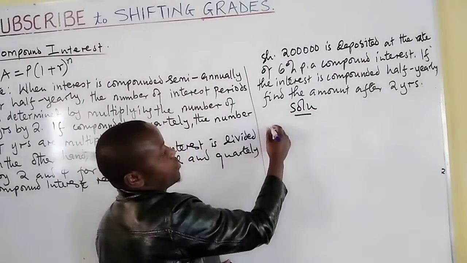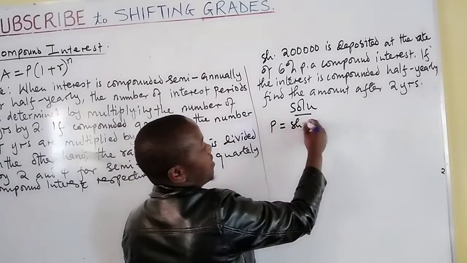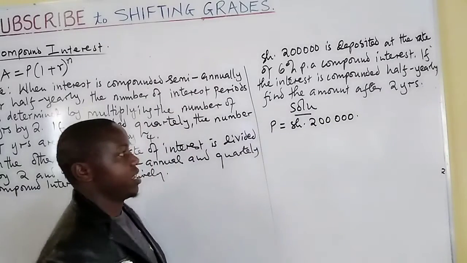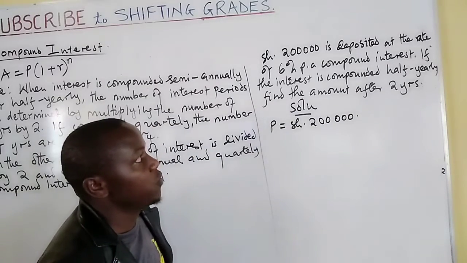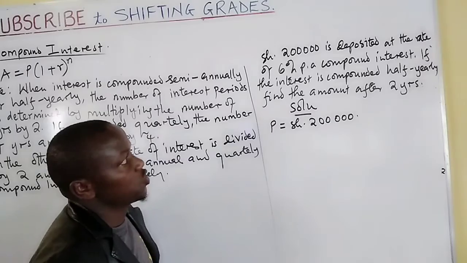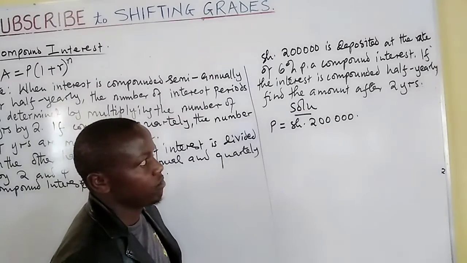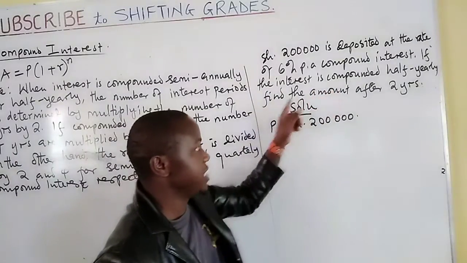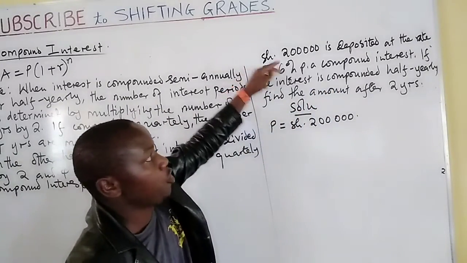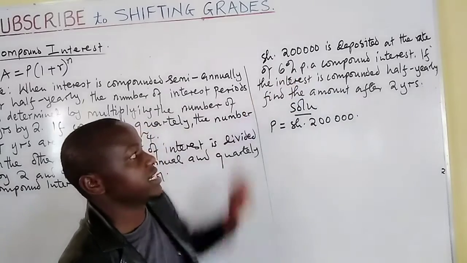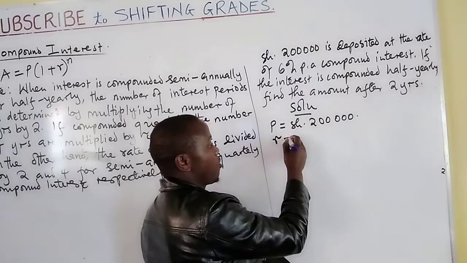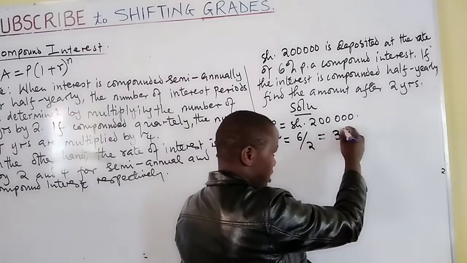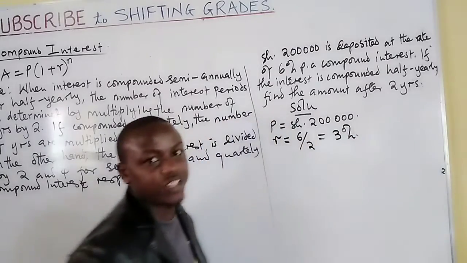Here, the principal is not changing. It's 200,000 being deposited. Now we can check what will change here. The rate is 6% per annum compound interest. If the interest is compounded half yearly, the rate now becomes 3%.